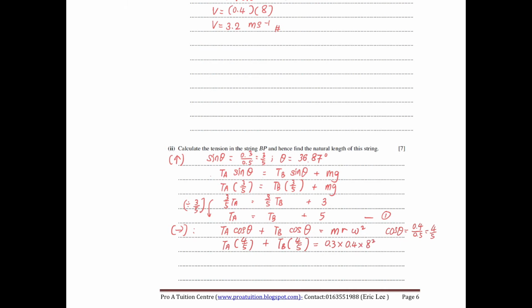Then let's divide by 4 over 5 to avoid fractions. Then we get TA plus TB equal to 9.6. So this is equation 2.